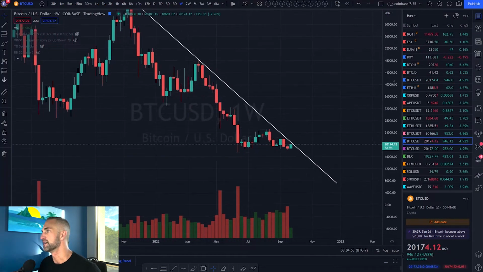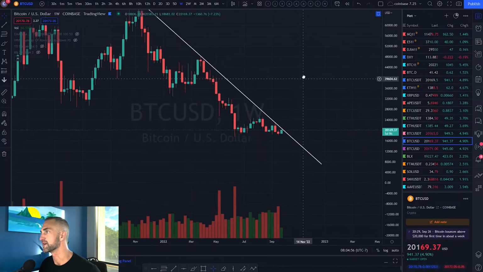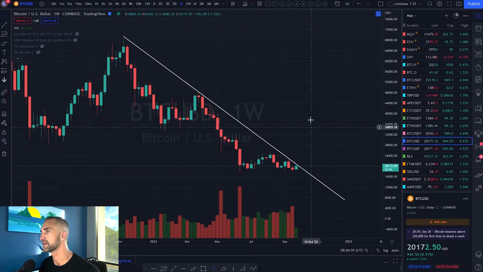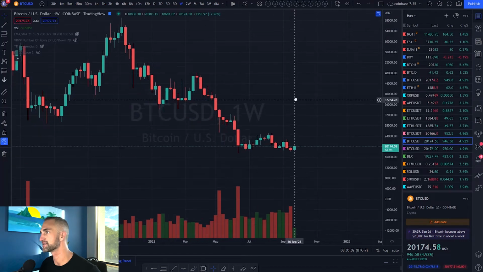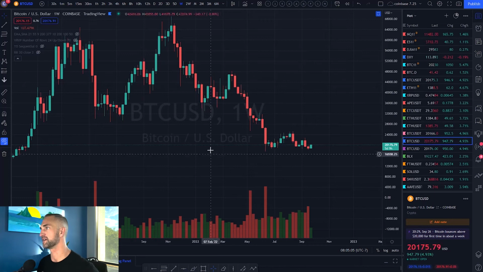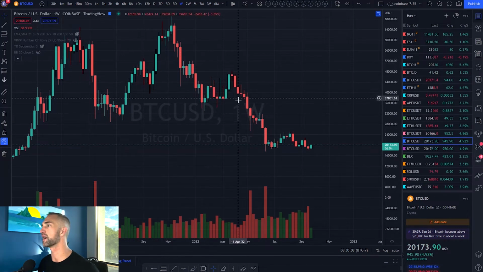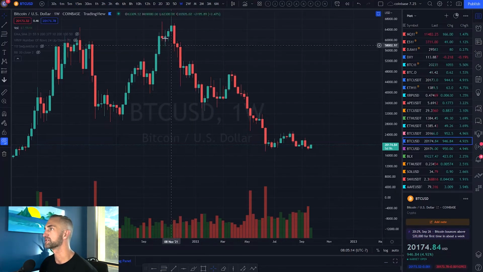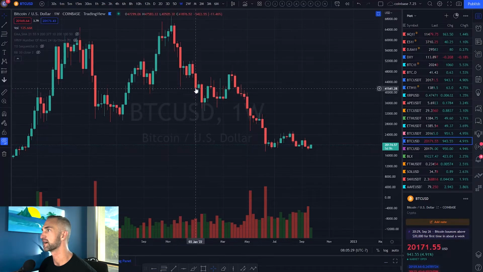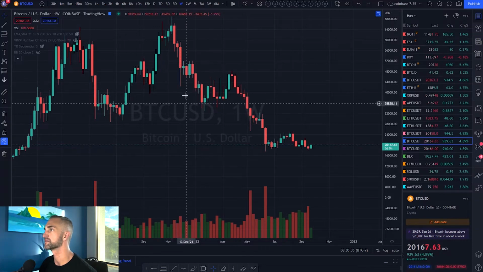Something to point out here is on the weekly time frame, we do have a clear downtrend. So I guess we'll start off with what is a downtrend. We want to see 2 lower highs and 2 lower lows than the previous lows. Starting out with this point right here, we get our first lower low right here, in fact, lower than this low.